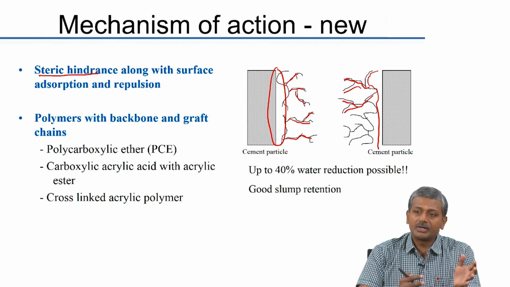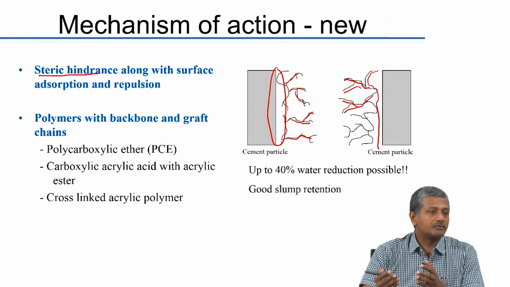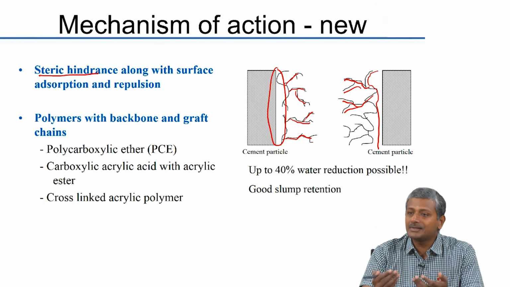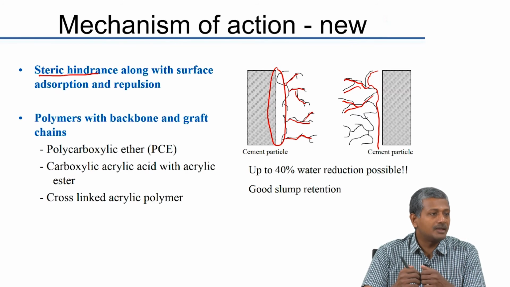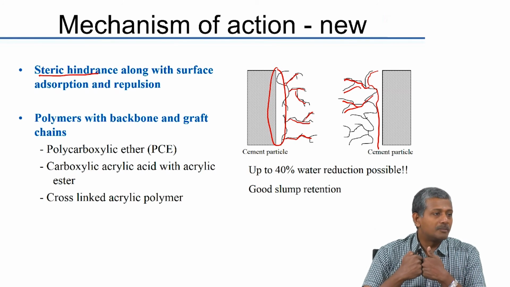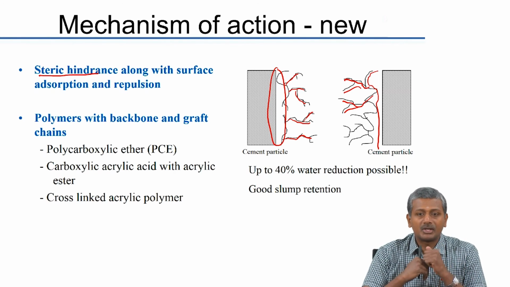Now, the problem with the old generation is the charge will diminish after some time. So, the effectiveness of the older generation admixtures in maintaining the slump would be low, whereas the new generation admixtures tend to maintain slump for a longer time because they do not depend on surface charge, they depend on the availability of bulky side chains in the material.